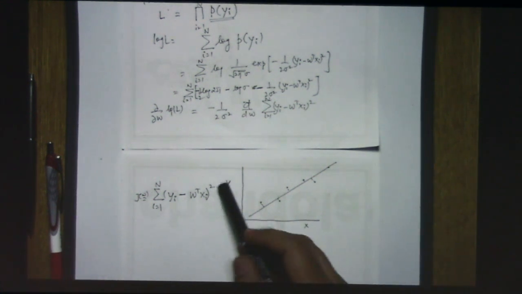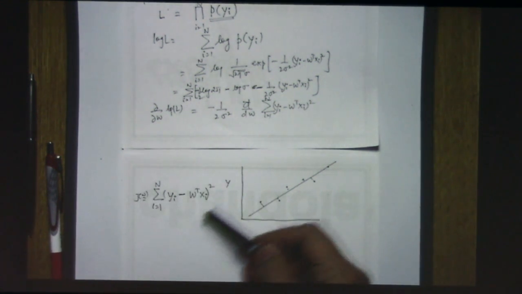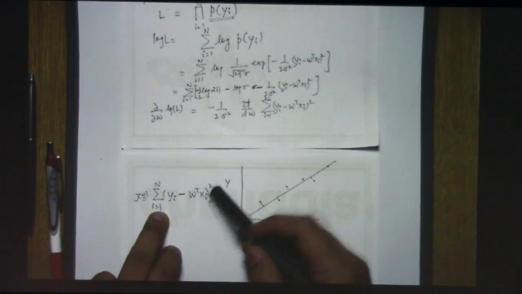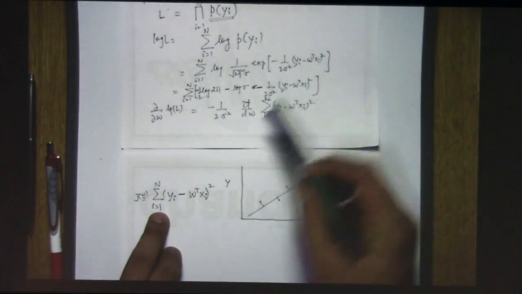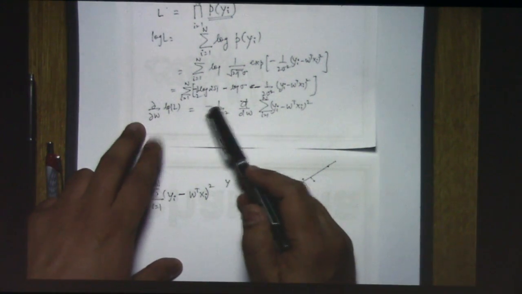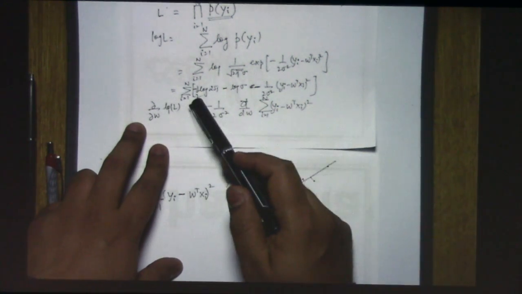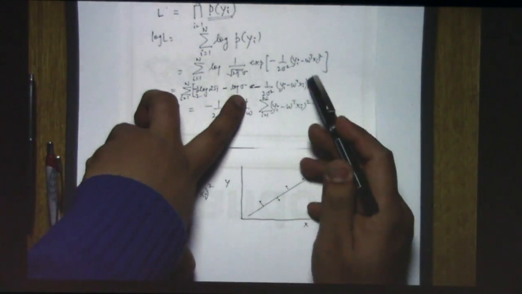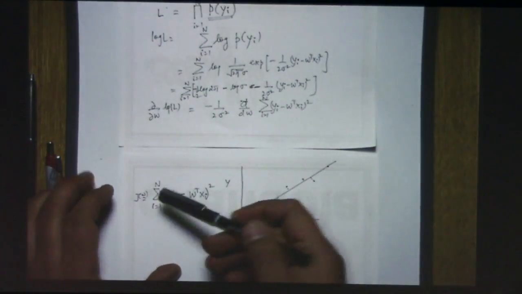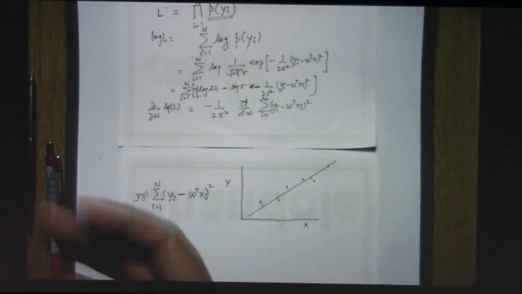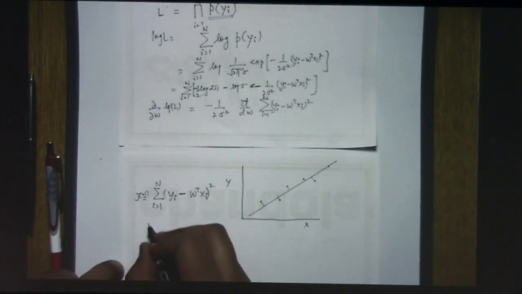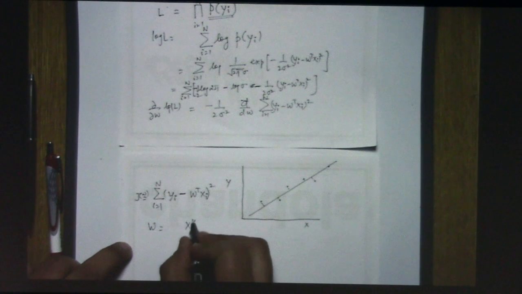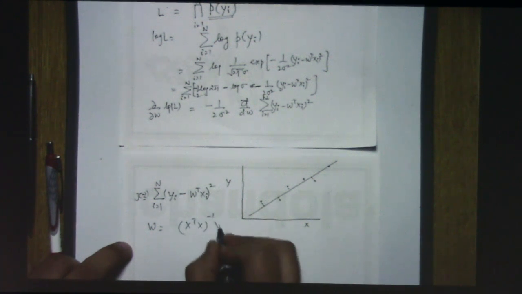So even if you compute this error and minimize it, you will get the same answer, because here it is a negative number, right? Here you were trying to maximize this quantity, which means that if I remove this negative, then you're trying to minimize this quantity, and here also you're trying to minimize this. So the answer will be exactly the same. The W will still be (X transpose X) inverse X transpose Y.